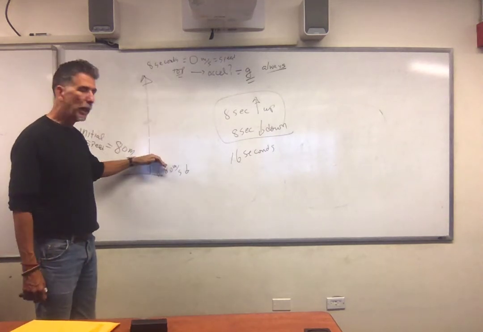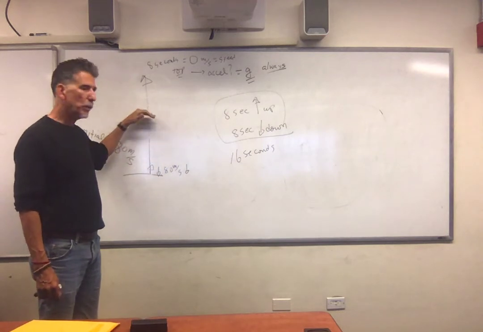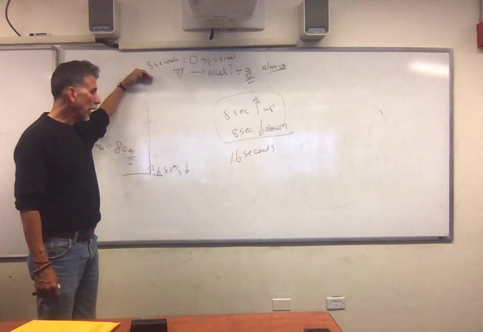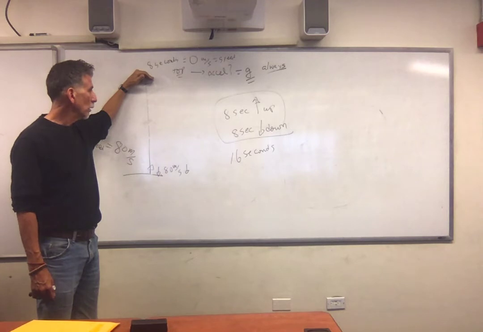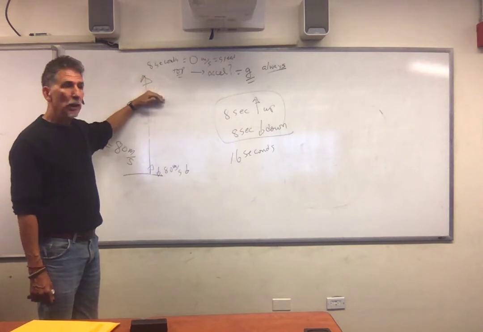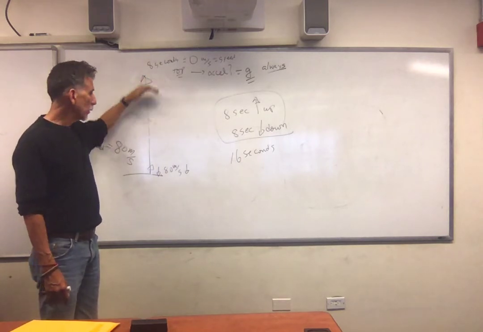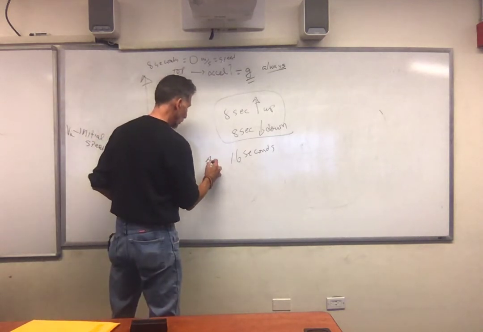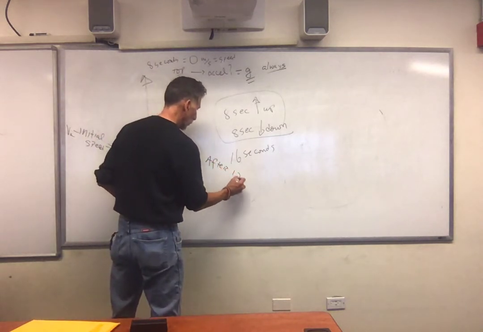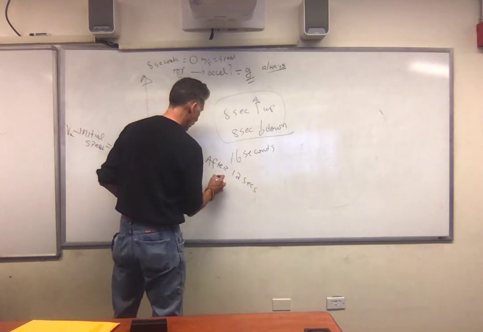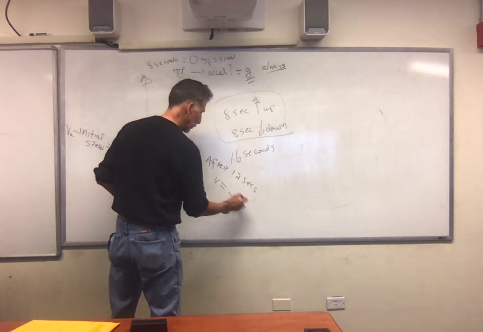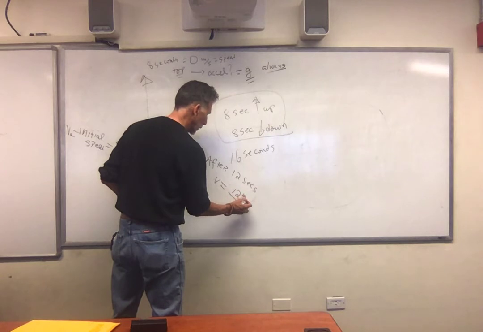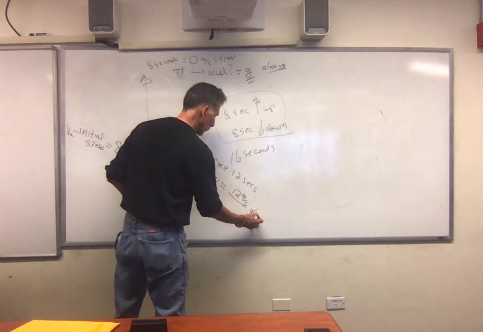It's slowing down by 10 meters per second every second. So in 8 seconds, the speed is 0. In 9 seconds, it's 10. In 10 seconds, it's 20, etc. So after 12 seconds, V equals what? 40 meters per second going down.